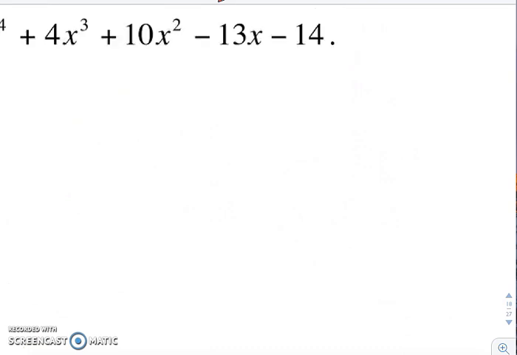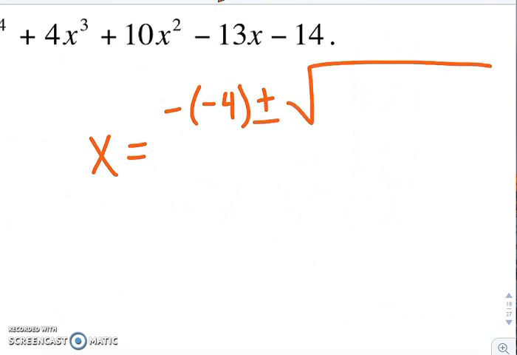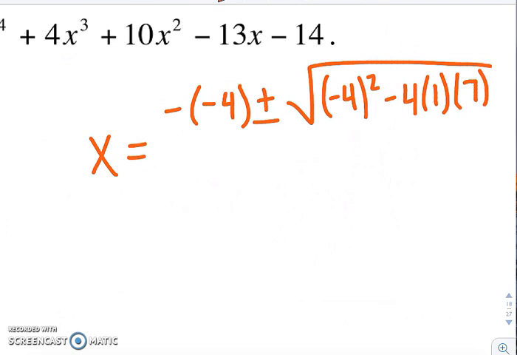So we're going to plug them in. So x equals -4 plus or minus your b squared, so -4 squared minus 4 times a, which is 1, times 7, which is c, all over 2 times a, which is 1.